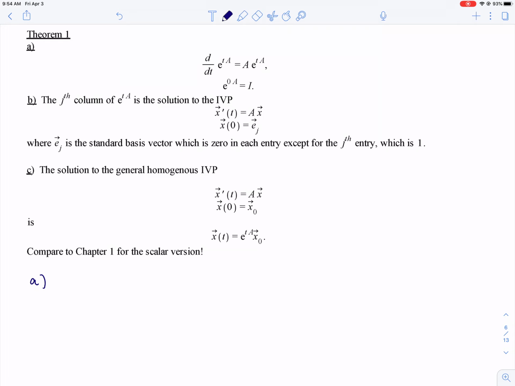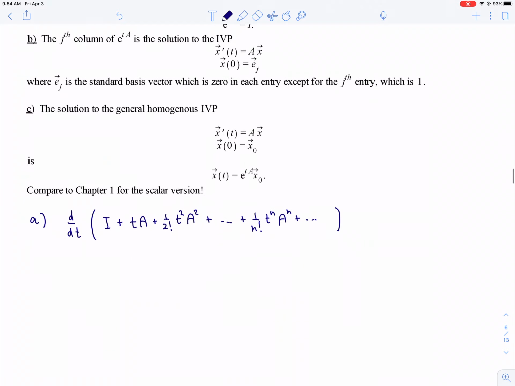Well, we want to take the derivative of e to the tA. E to the tA is the identity plus tA plus 1 over 2 factorial t squared A squared plus the general term is 1 over n factorial t to the n A to the n, and so on.